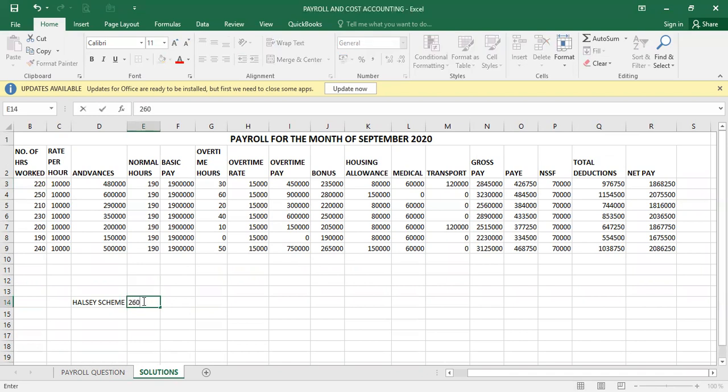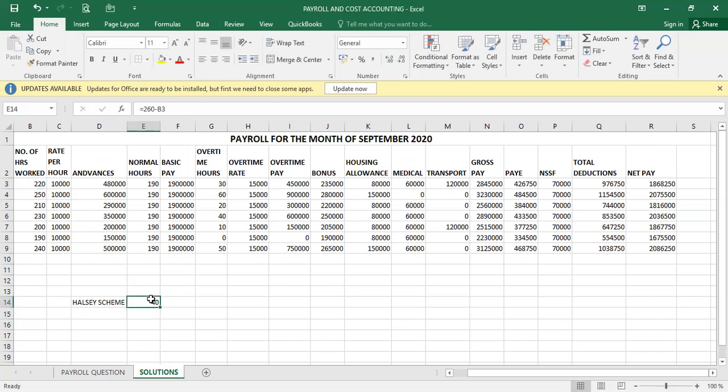Now we are trying to compute the time saved: 260 minus the time someone took. You start with the equal sign, it is 260 minus the 2, which will give us 40 hours.